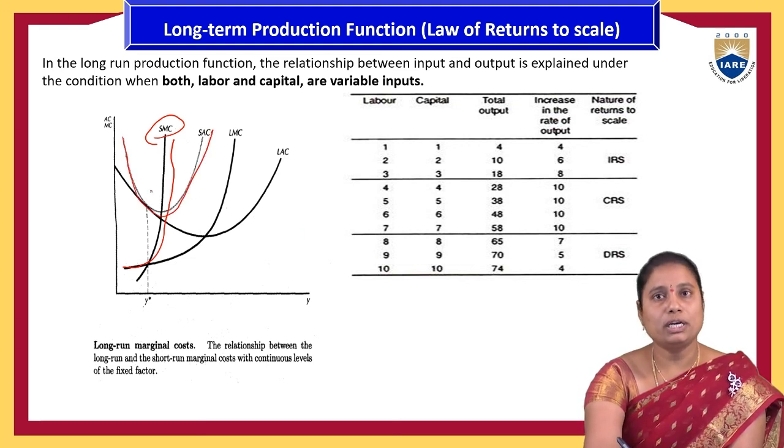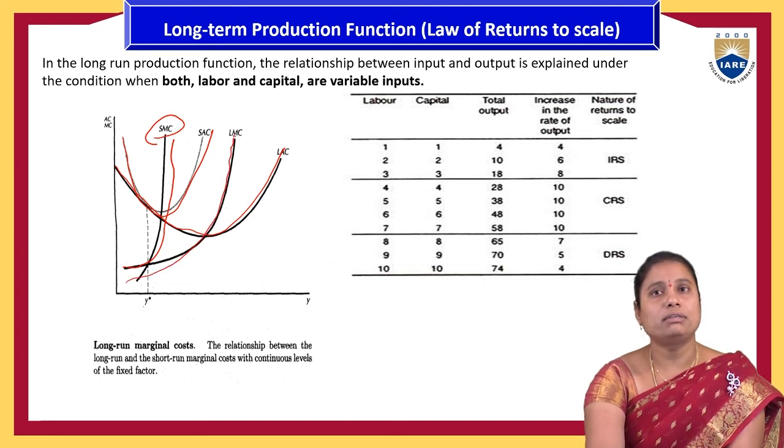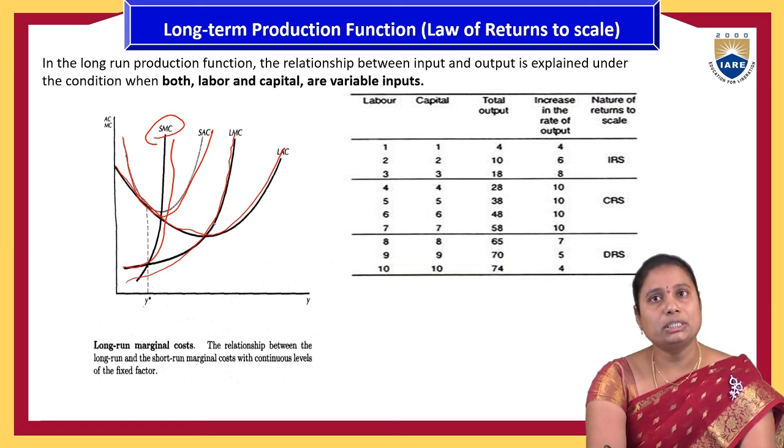When compared to this, the long-term average cost and long-term marginal cost will take some time to change. That is the relationship between the short-term productional function and the long-term productional function.